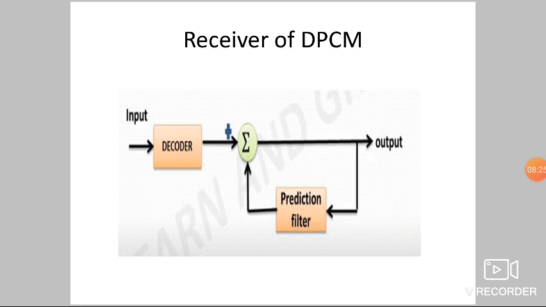The input given to the decoder is processed and the output is summed up with the output of the predictor to obtain better output. That means first of all the decoder will reconstruct the quantized form of the original signal. Therefore, the signal at the receiver differs from the actual signal by the quantization error, which is introduced permanently in the reconstructed signal.